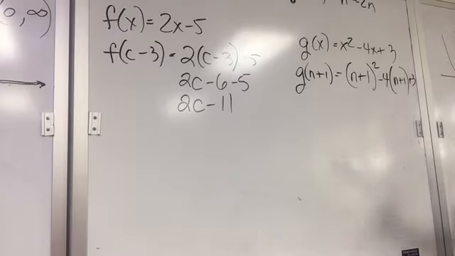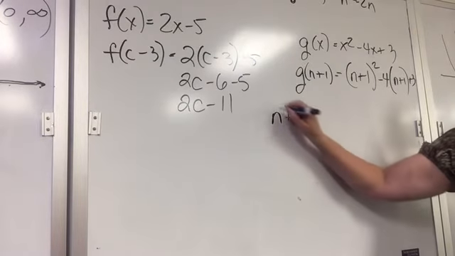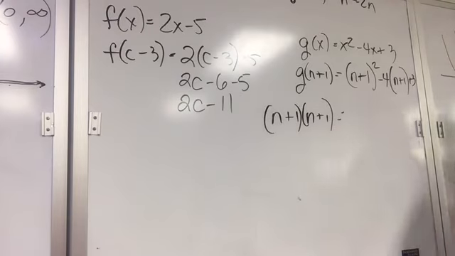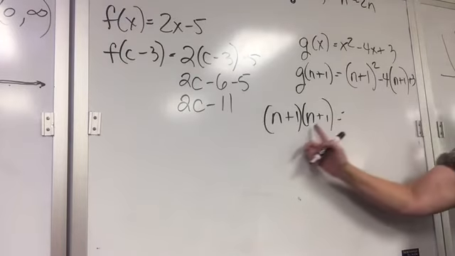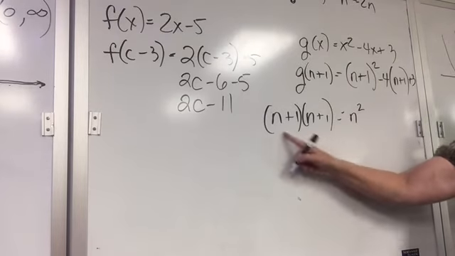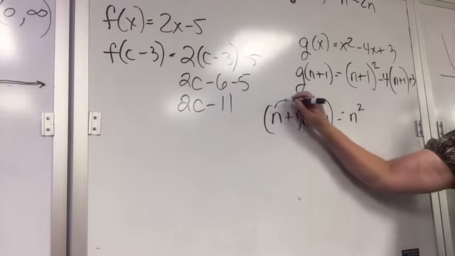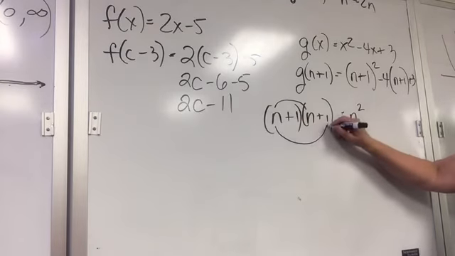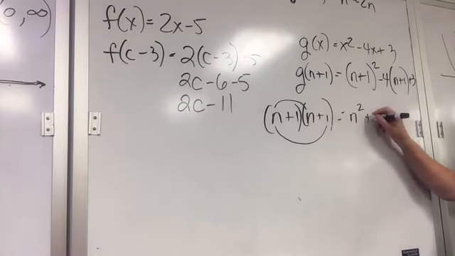Now when I go through and try to simplify, I have to remember how to FOIL, right? Because n plus 1 times n plus 1, we've got to FOIL it. First is n squared. Outside is n times 1, which is n.